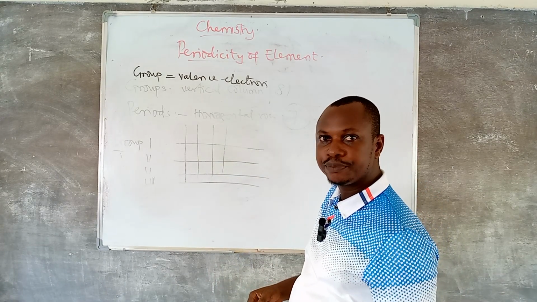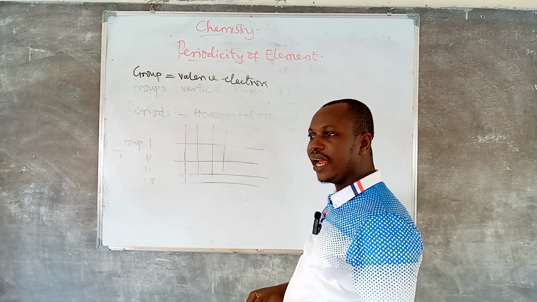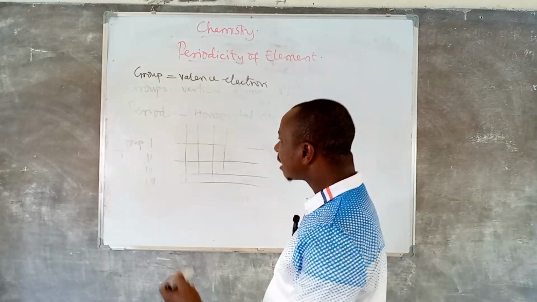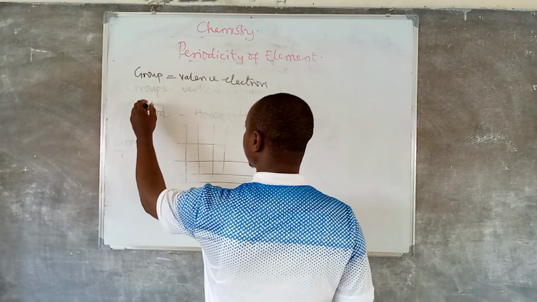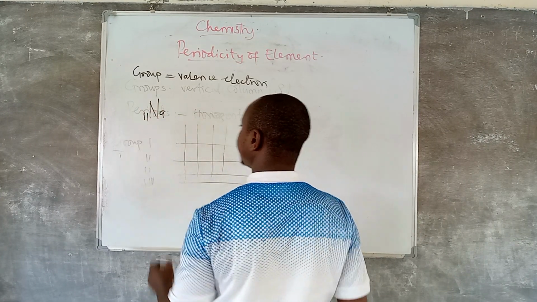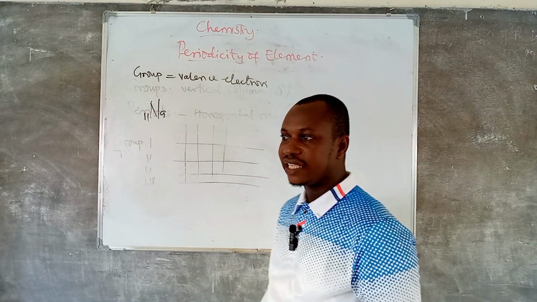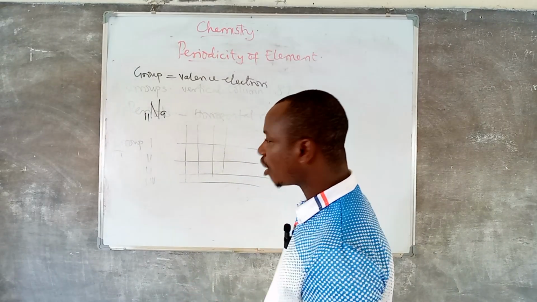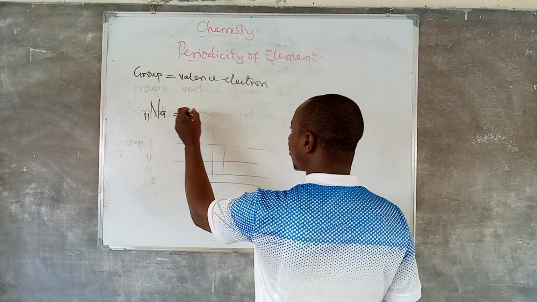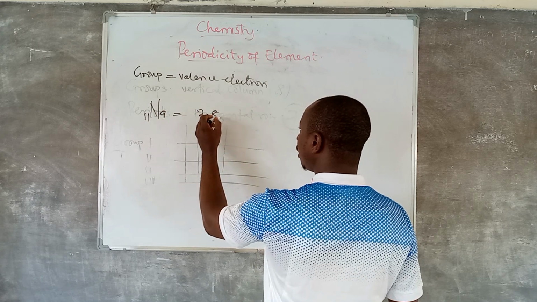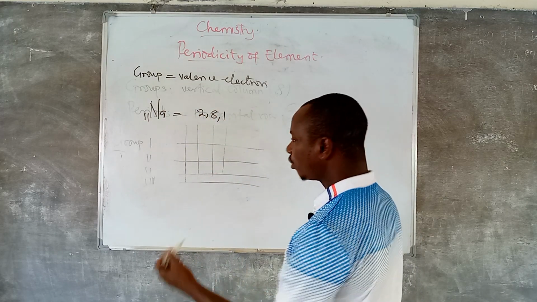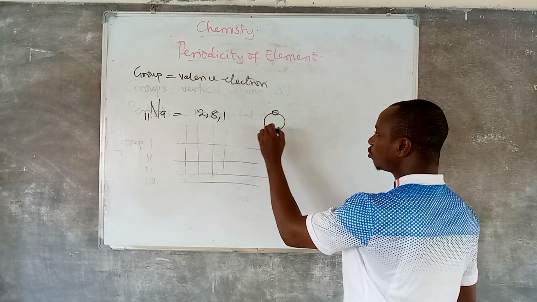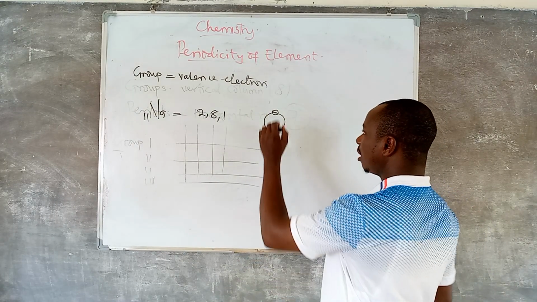You remember electronic configuration using K, L, M, N. Just for instance, sodium is 11. If you are asked to write the electronic configuration of sodium using K, L, M, N or the main shell of an atom, it is 2, 8, 1. Or you can still draw it the normal way. The first shell will take 2 electrons.